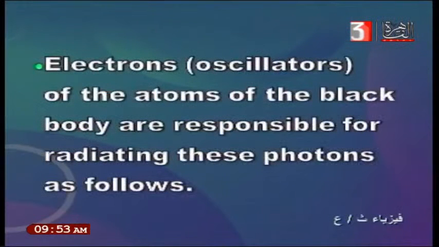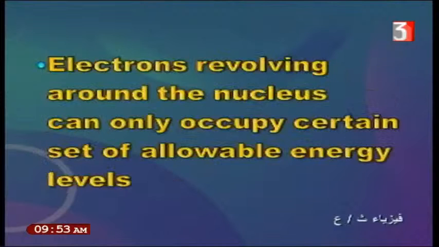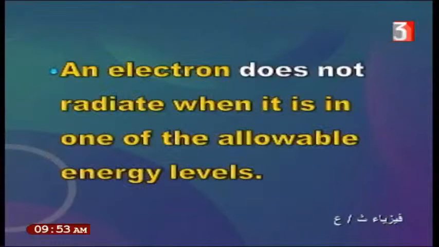Electrons are called oscillators. Electrons of the atoms of the black body are responsible for radiating these photons as follows. Electrons revolving around the nucleus can only occupy certain sets of allowable energy levels. An electron does not radiate when it is in one of the allowable energy levels.